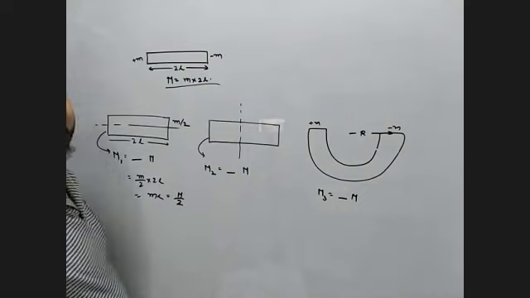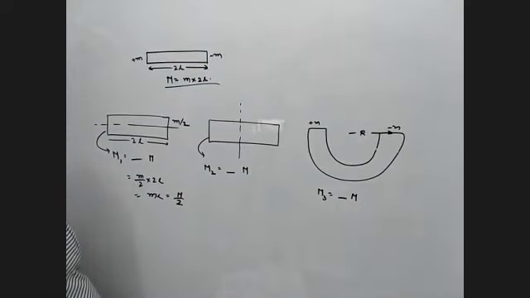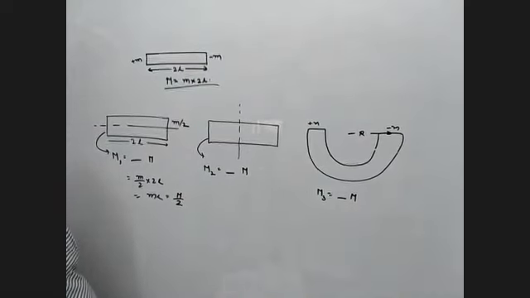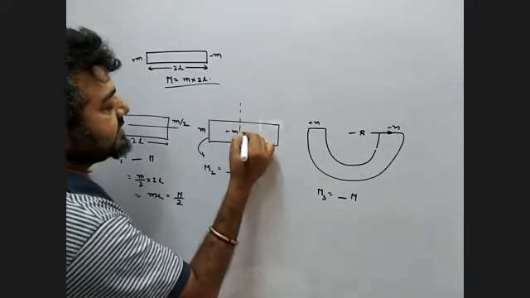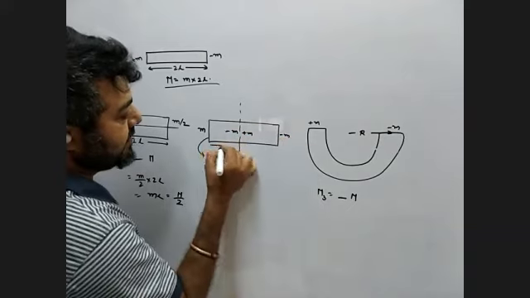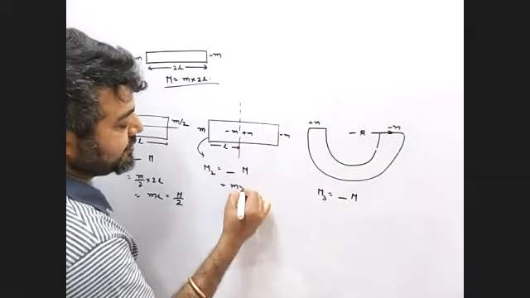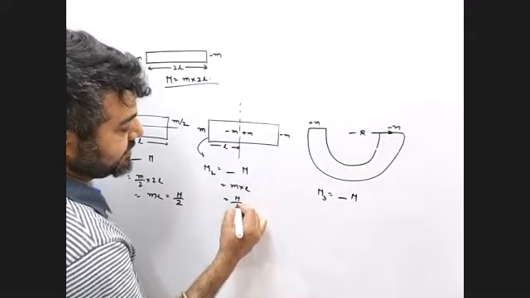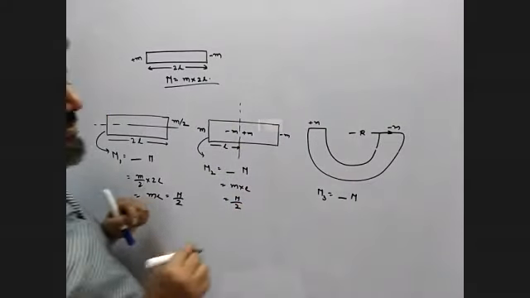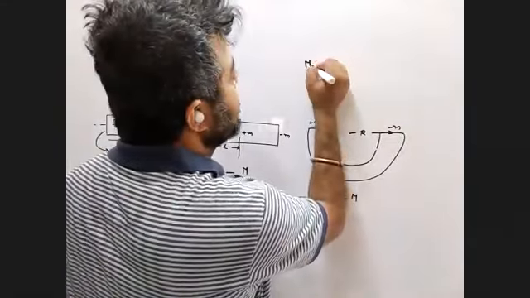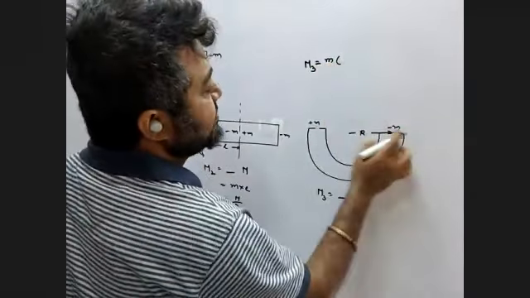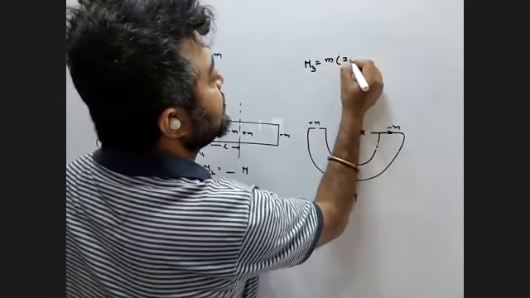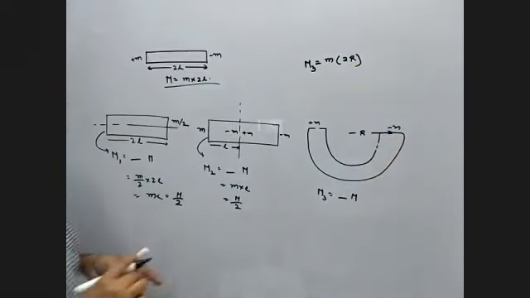The second one: this is plus M, minus M, plus M, minus M, but the length is L. So M into L, so this is M by 2. Now in this one, what happened? The magnetic moment is pole strength into separation between the two poles, that is 2R. Is it clear, everyone? Yes, sir.